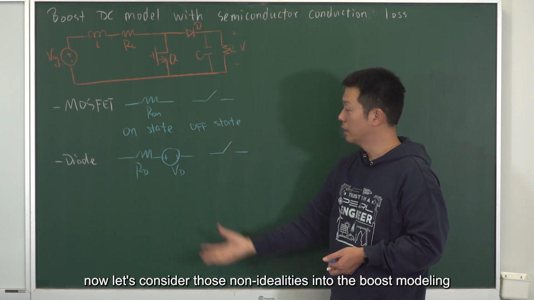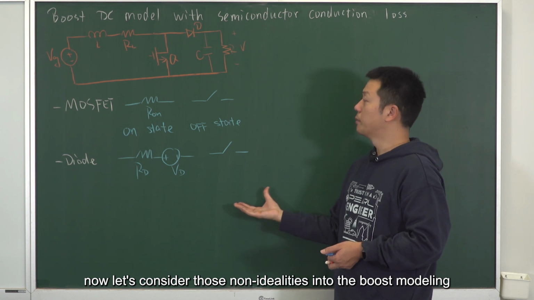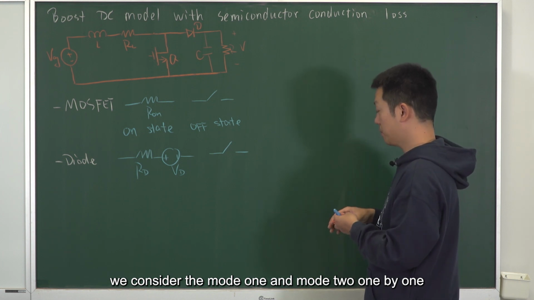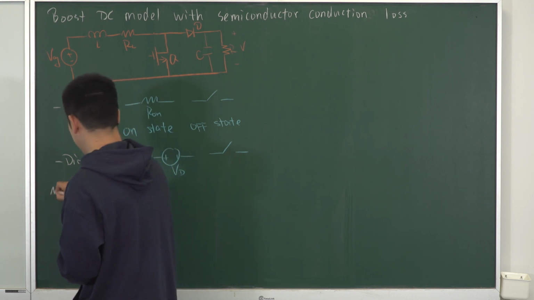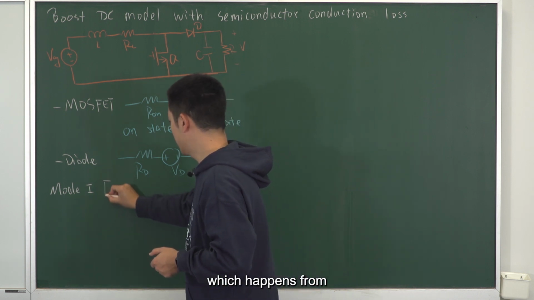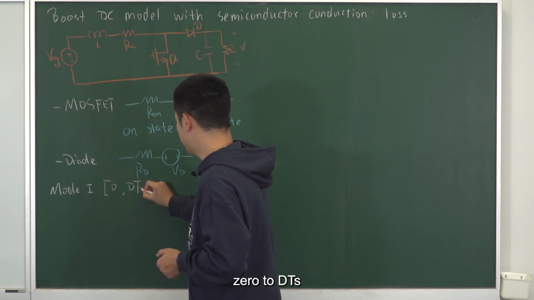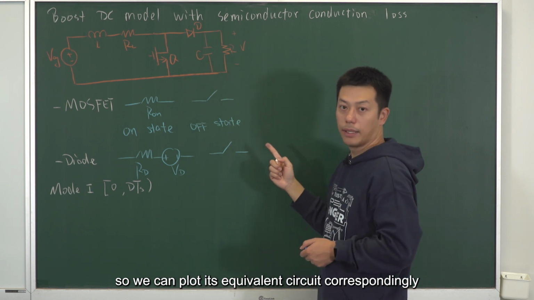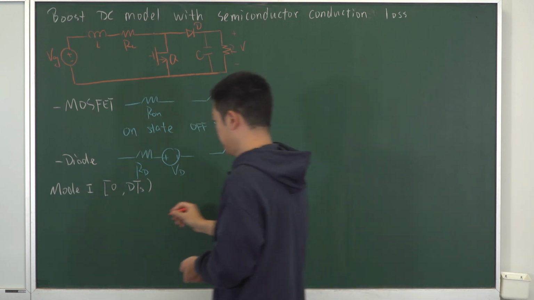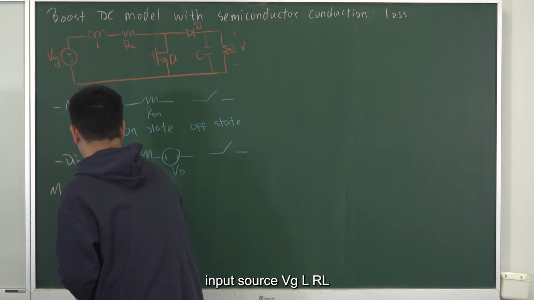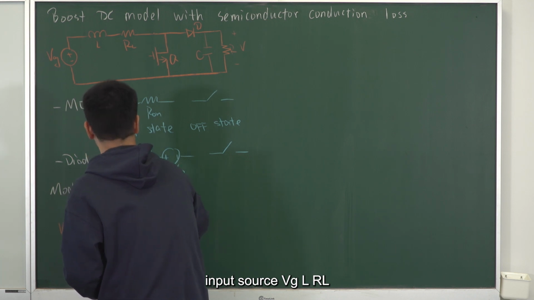Now let's consider those non-idealities in the boost modeling. Similar to what we did before, we consider mode 1 and mode 2 one by one. First, operation mode 1. Mode 1 happens from 0 to DTS, the Q is on and D is off. So we can plot its equivalent circuit correspondingly: input source VG, L, RL.